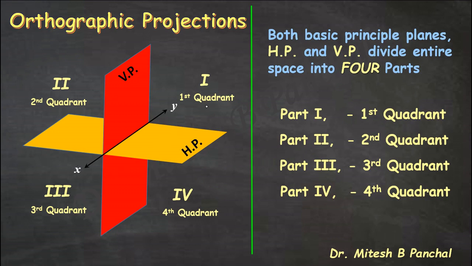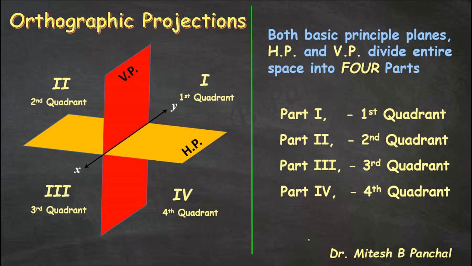The sequence is in the clockwise direction, and that is fixed. We cannot change the direction. We cannot call part 4 as part 2. So this is fixed: quadrant 1, quadrant 2, quadrant 3 and quadrant 4.